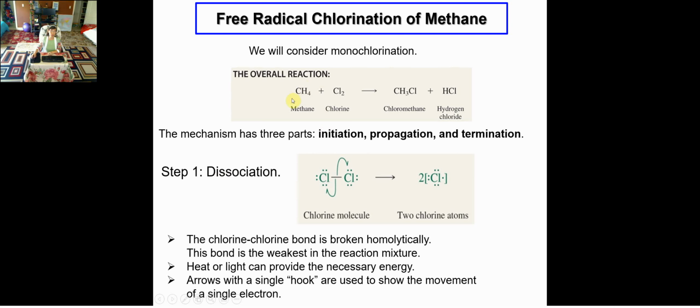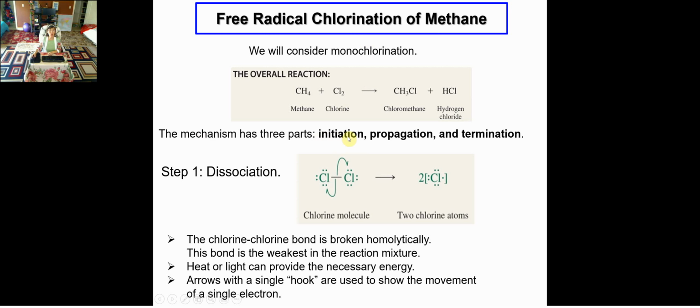So we are going to use methane reacted with chlorine. Methane reacts with chlorine to produce chloromethane and further dichloromethane, trichloromethane and tetrachloromethane. So what's going to happen? This reaction is subject to radical formation.